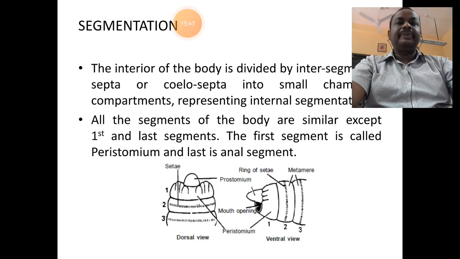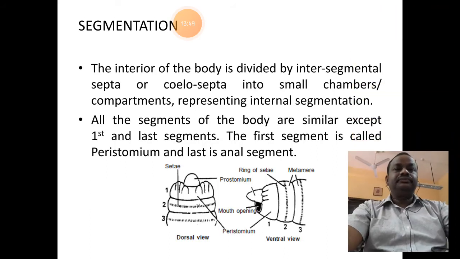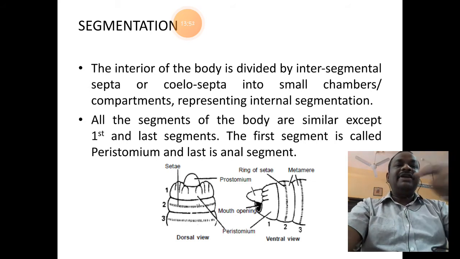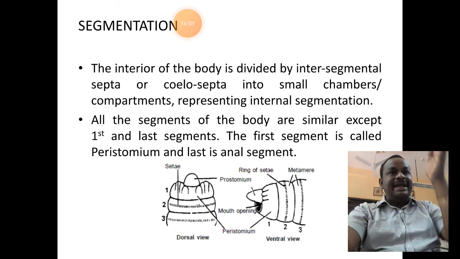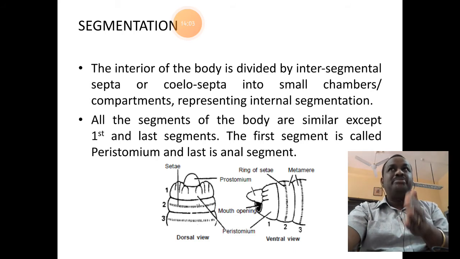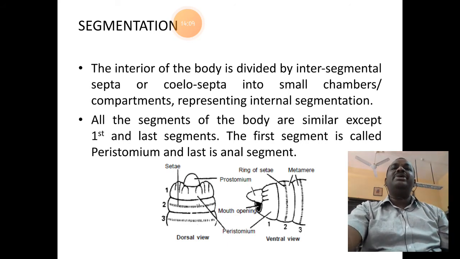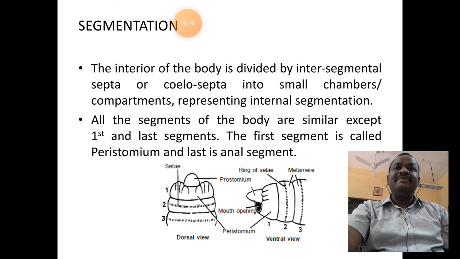So, internally the body is divided into partitions or segments, that is, the dorsal grooves run inside the body as septum, or septae in plural, and these septae divide the body into many small chambers or compartments, and are responsible for internal segmentation of the body.